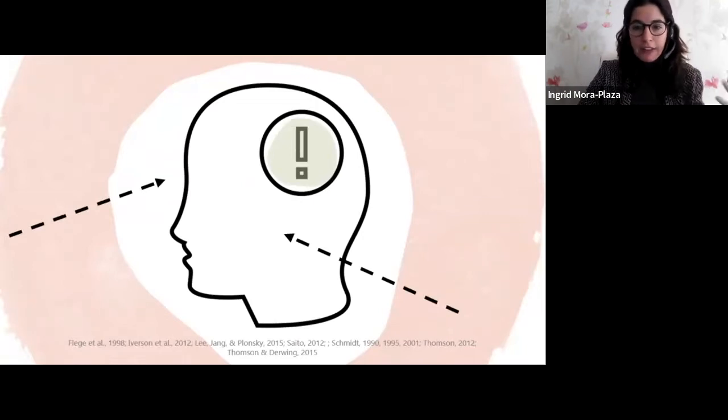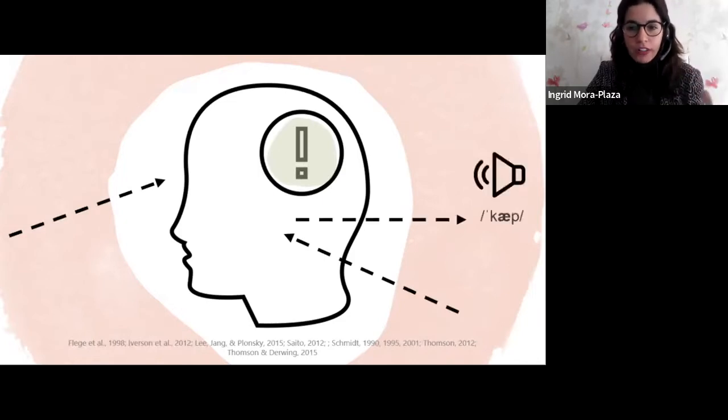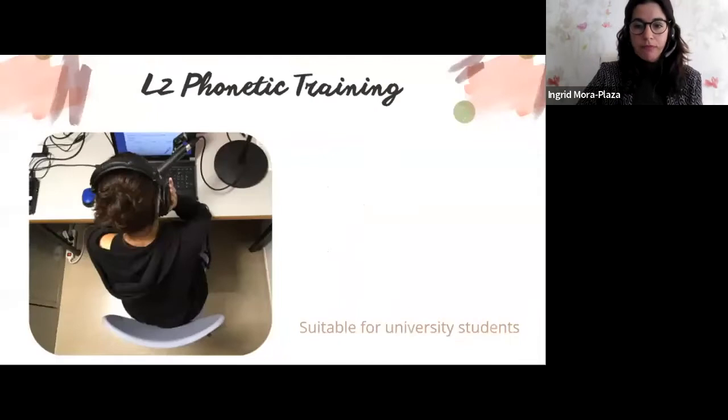Now, despite the difficulty in developing learners' phonological awareness in the L2, directing learners' attention to phonetic form through different phonetic training procedures and different instructional techniques has proved effective in developing learners' perception and also production at different proficiency levels and also different experience.